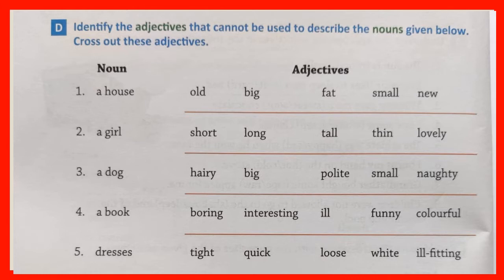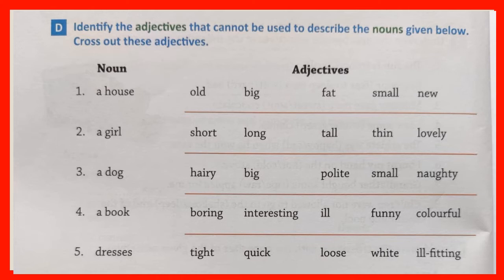Let us open page number 20, exercise D. Identify the adjectives that cannot be used to describe the nouns given below. Cross out these adjectives. Now here, children, can you see on the left hand side, the heading is written noun and below there are words given like a house, a girl, a dog, a book and dresses.